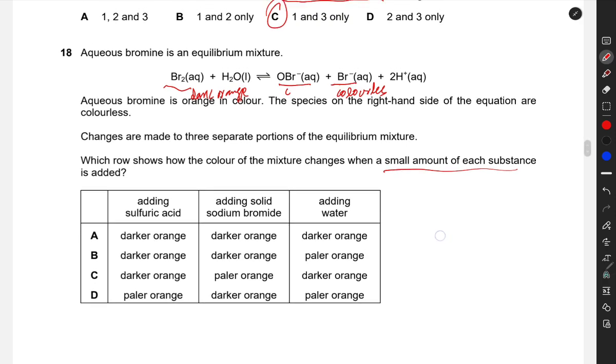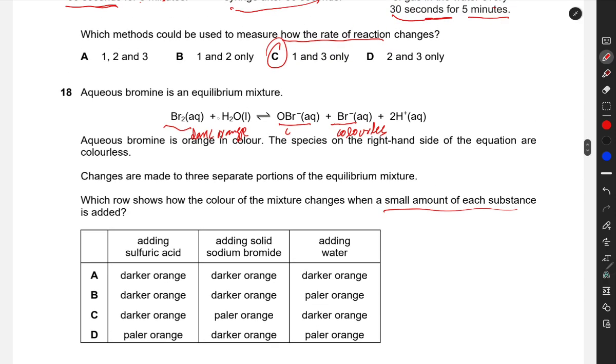This is a reversible reaction. When bromine is added, the reaction shifts to the forward side, and when these products are added, the reaction will shift backward.